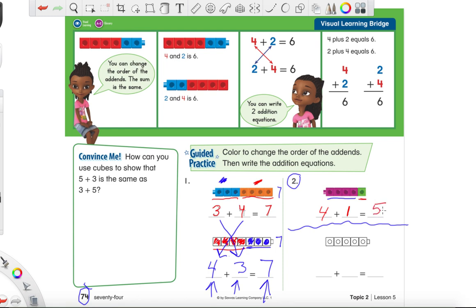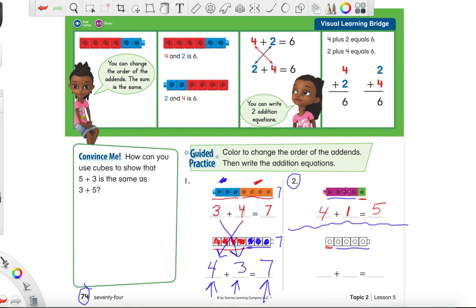What I would like you to do for the second part of this problem is you're going to switch the colors around, right? So if purple is first here, it has to be second down here. And I'll help you guys out just a little bit with underlining. Remember, you don't have to have the same colors they do.